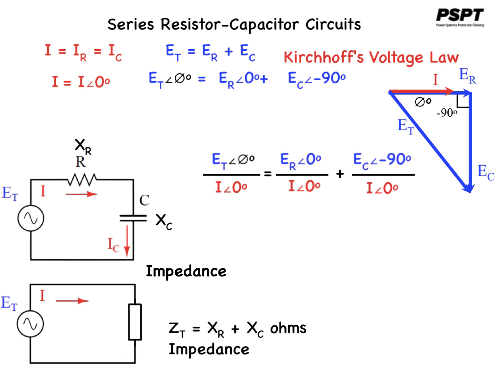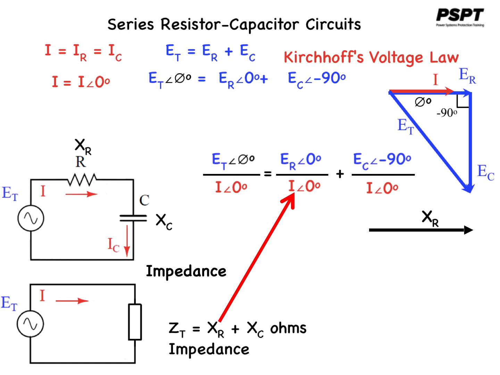Now, if you look at the equation, you will see that the resistance voltage ER at 0 degrees all over the current is nothing more than the reactance of the resistor, or it's just the resistance of the resistor, because that's Ohm's law. Voltage over the current will equal the resistance.